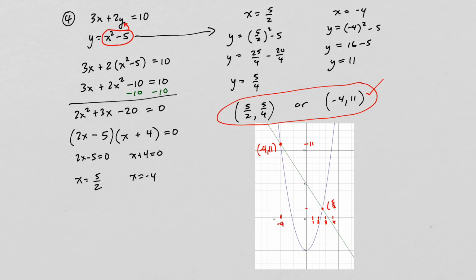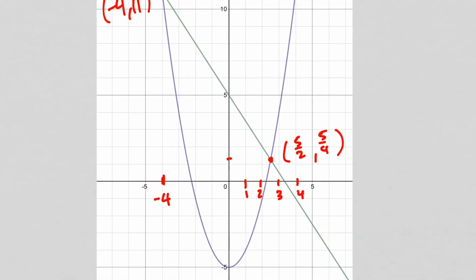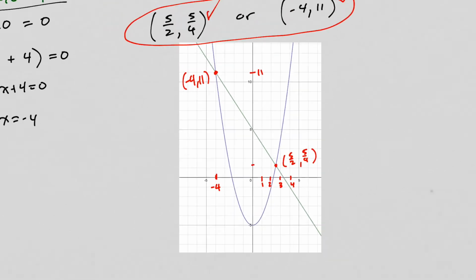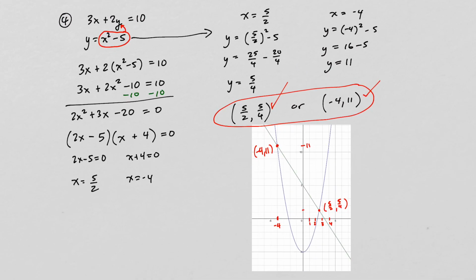It's actually 1 and 1/4, which is the same as 5 fourths, and so that is this point here. Again, if you were just trying to find that point of intersection using the graph, that would be very difficult to do. This is why graphing is not a very good method for finding precise answers to these systems. So we want to make sure we use algebra to find these solutions.